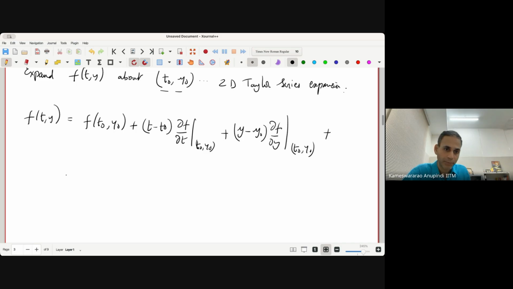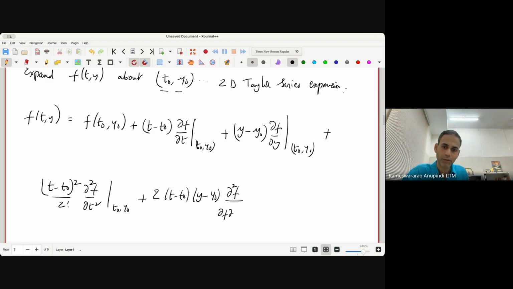Then we also have plus (t minus t0) squared by 2 factorial times the second partial derivative of f with respect to t squared evaluated at t0, y0, plus we have 2 times (t minus t0)(y minus y0) times the mixed partial derivative, del square f by del y del t, evaluated at t0, y0.